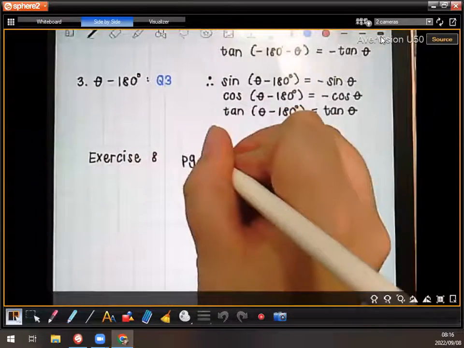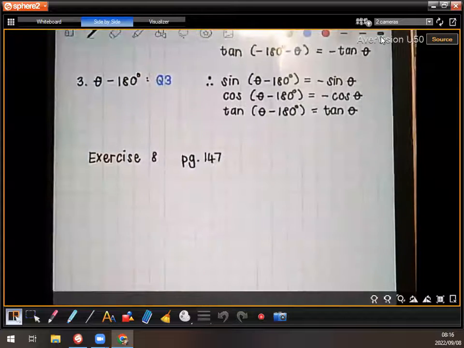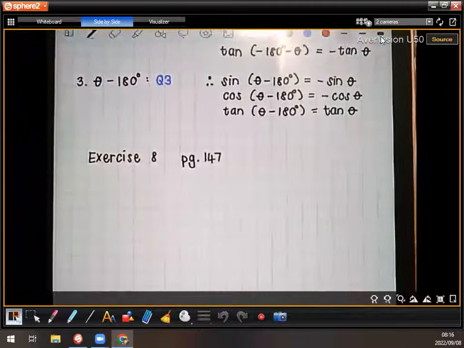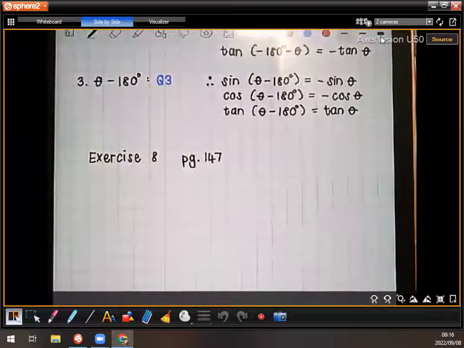So it's page 147. Guys, there are 5 questions. I would like to do all of them, but I will mark maybe after like 10 minutes. I'll mark the first one. Okay, so just write that down quickly so I can put the questions on the board.